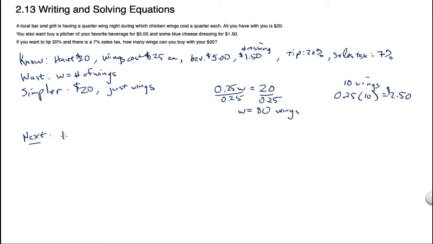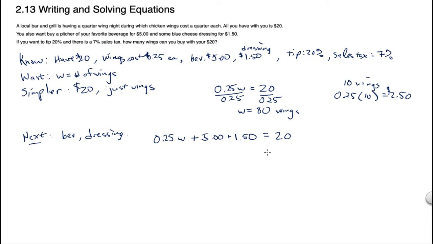Well, we've got our beverage and the dressing. We'll add that in and see what that does. Just imagine we still have our 25-cent wings. We've got to add in how much the beverage and the dressing cost, $5 plus $1.50. And that still equals the $20 that we have.